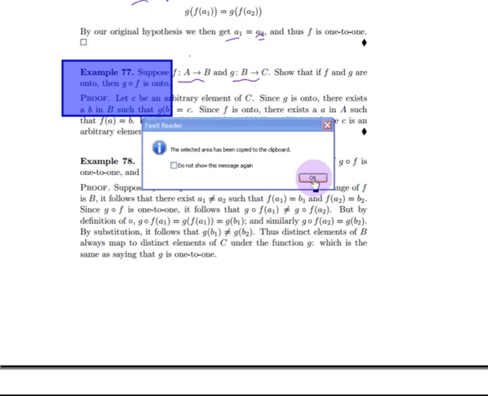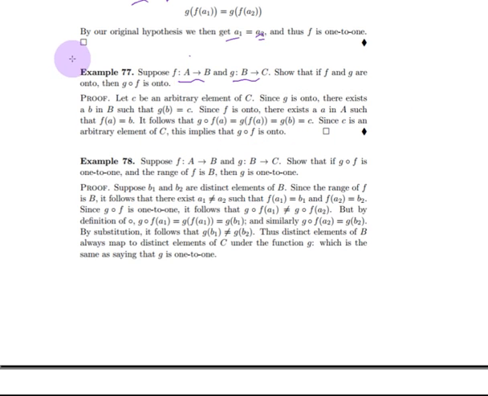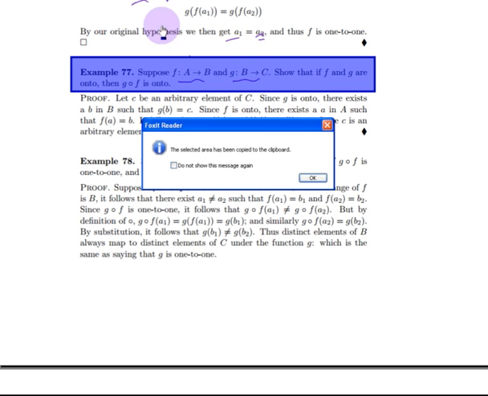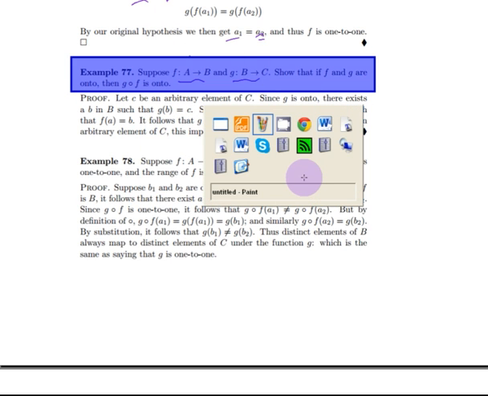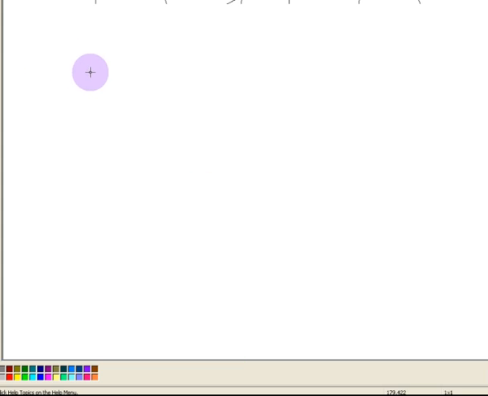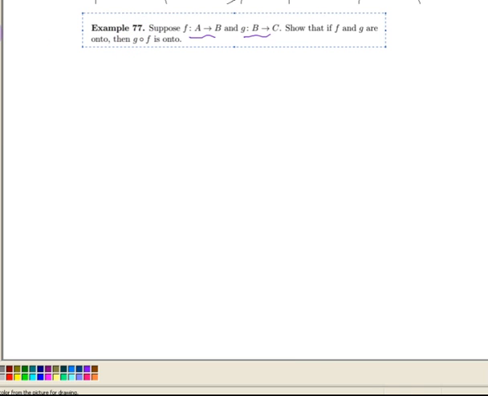Okay, let's try again. Sorry for the delay. Just do this one here and go back to the whiteboard and paste it here. Okay, so this is what I want to prove.